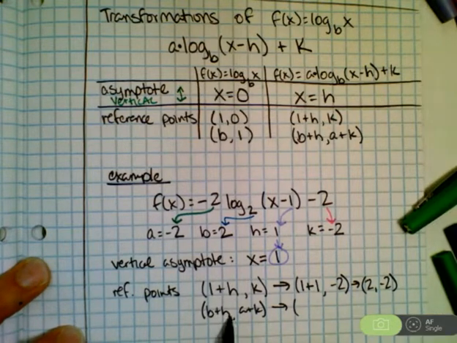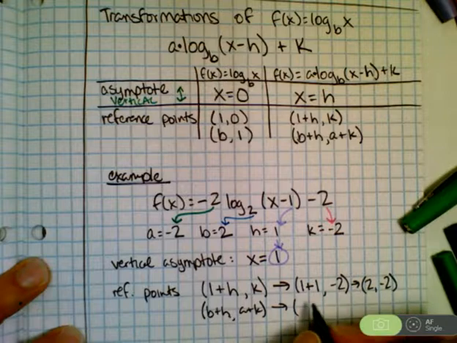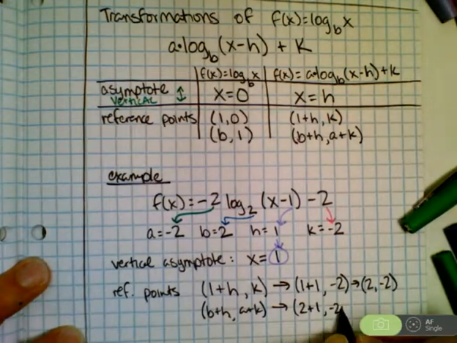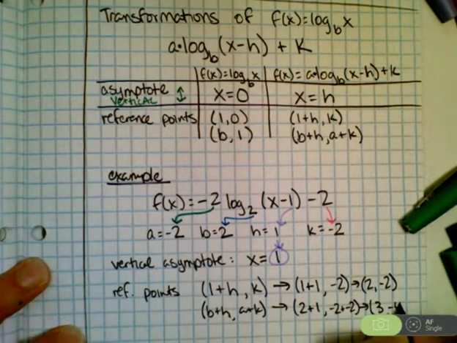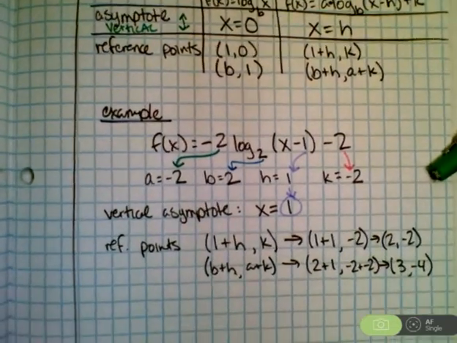Well, b plus h is 2 plus 1. A plus k is -2 plus -2, so that gives me 3 and -4. Those are my 2 reference points for this one.